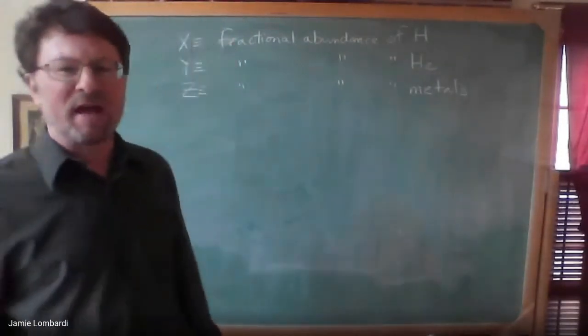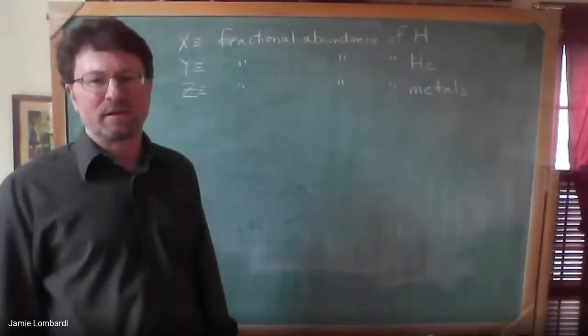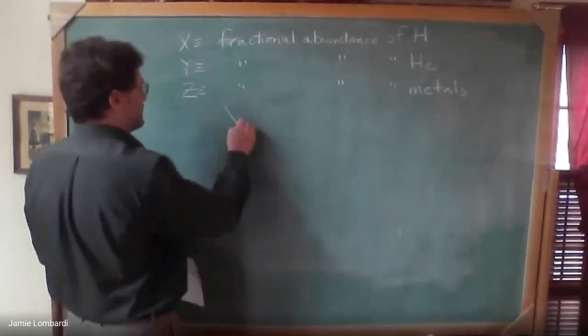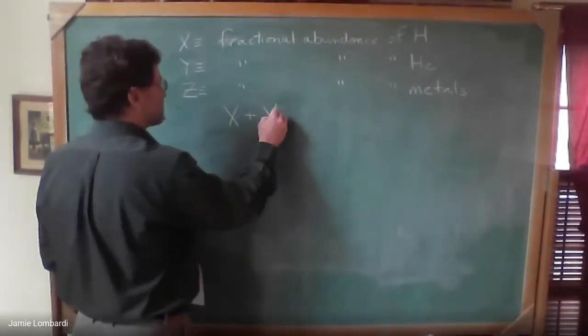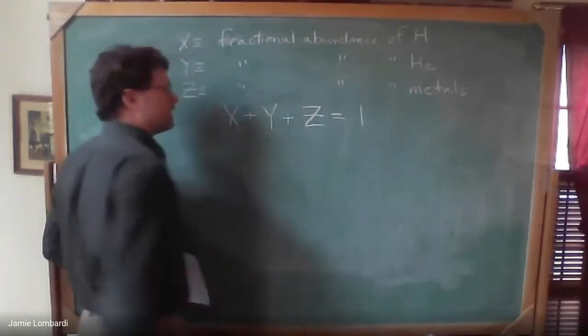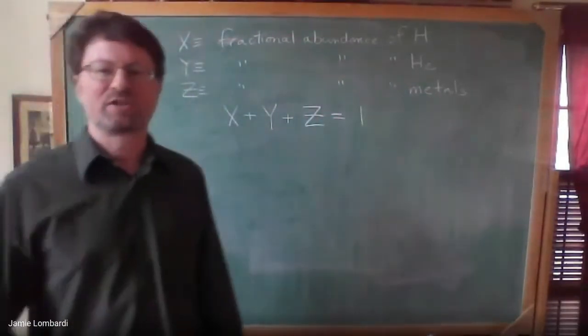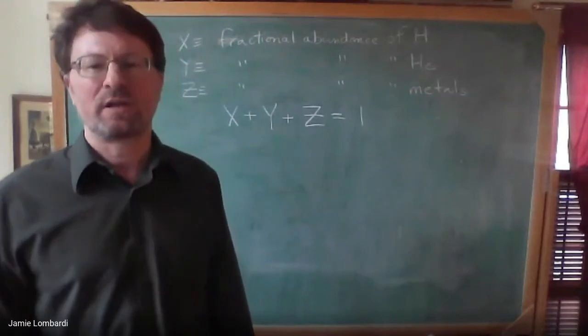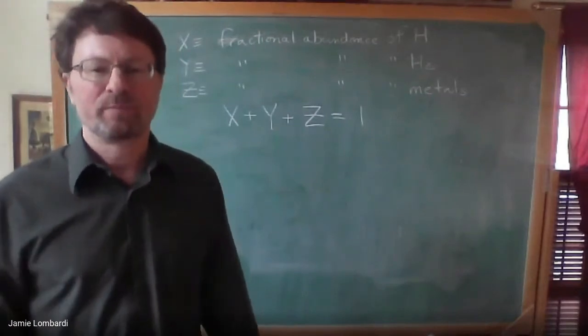And now what do I mean by a fractional abundance? What I mean is that x plus y plus z has to equal 1, right? 100% of your stuff is either hydrogen or helium or a metal.